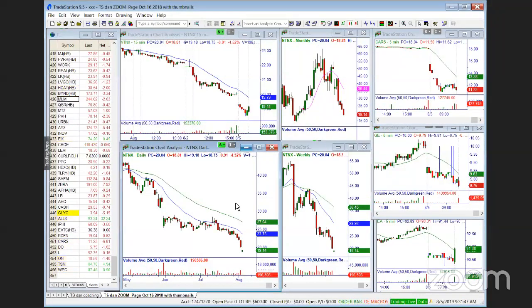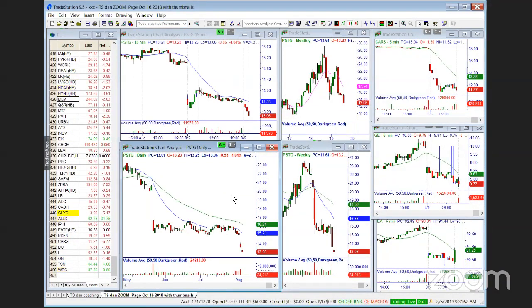I'll just leave it since the market's still weak. 5-minute high. Got postage now.